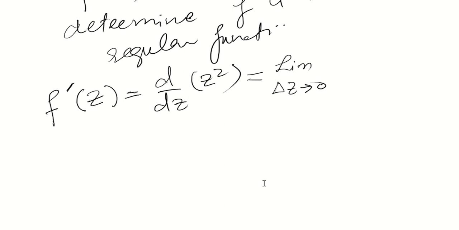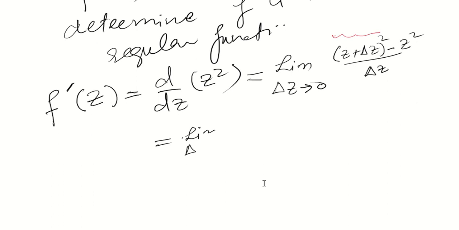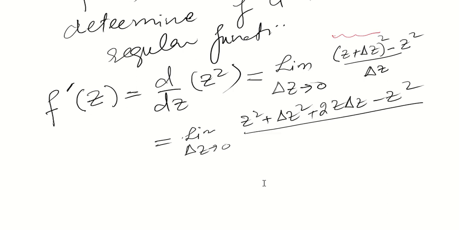We increment the function according to our definition: z plus delta z whole squared minus z squared over delta z. Okay, so this is the definition, and then we open this square, and we are left with limit delta z approaching 0 of z squared plus delta z squared plus 2z delta z minus z squared over delta z.